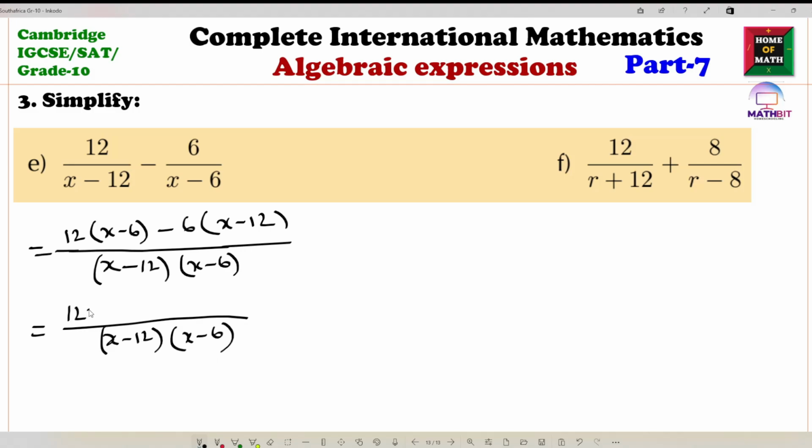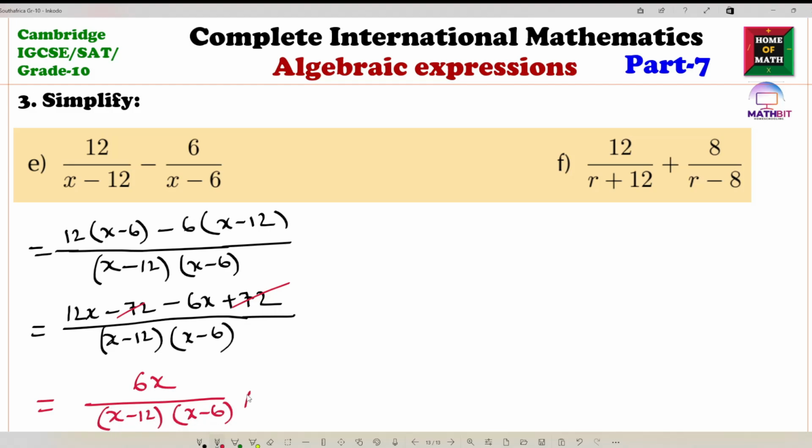So here is 12x minus 72 minus 6x plus 72. So minus 72 plus 72 cancel out, and finally we can write 12x minus 6x, which means 6x, over (x minus 12) then (x minus 6). This is our answer.